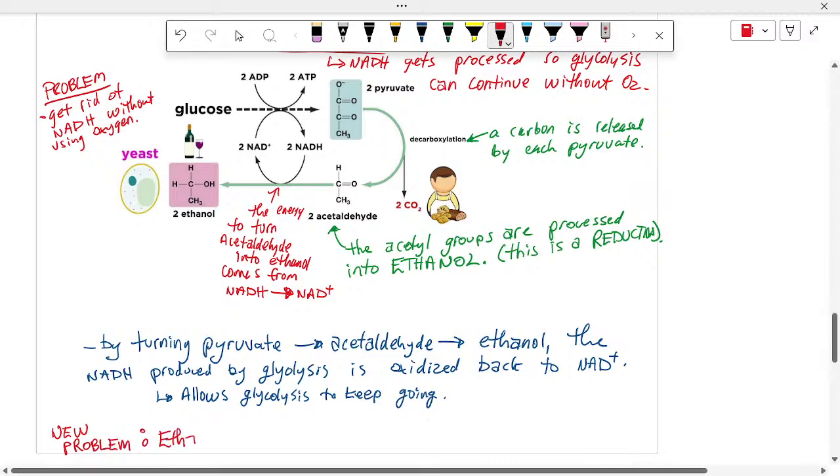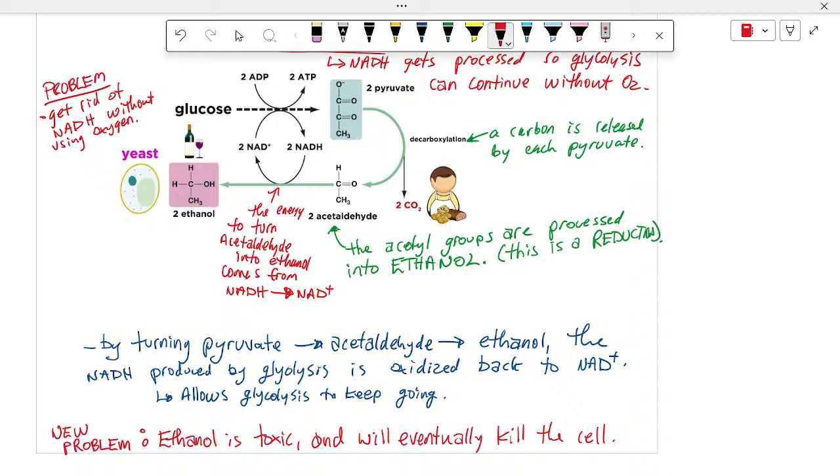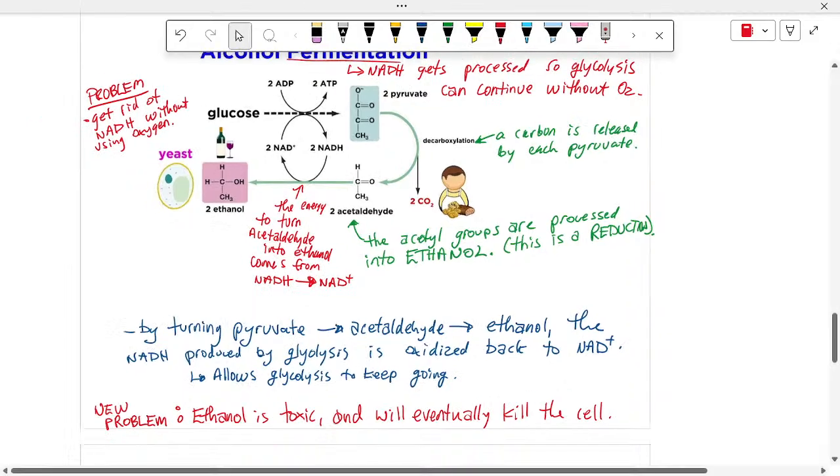Ethanol is toxic and will eventually kill the cell. So the cell can do this for a while. It will extend its life, but if this happens long enough, it will produce enough ethanol that it will die.